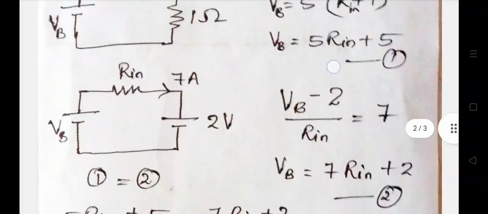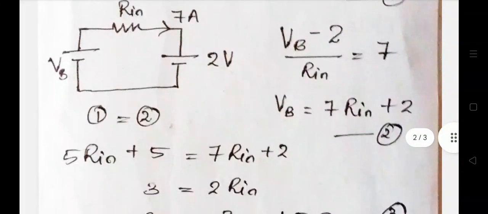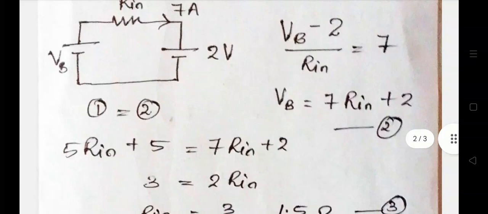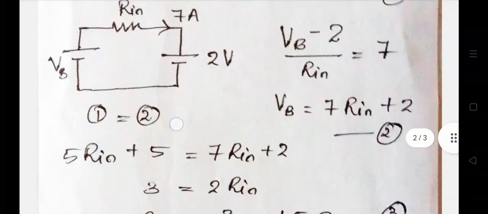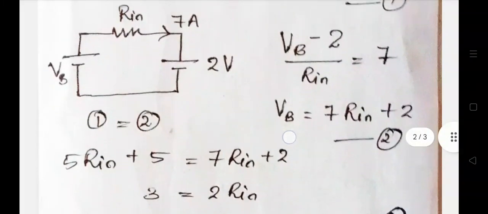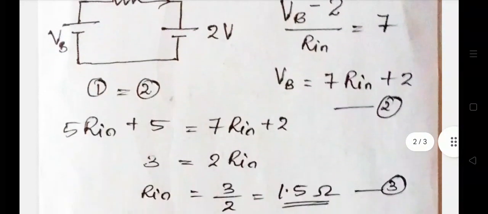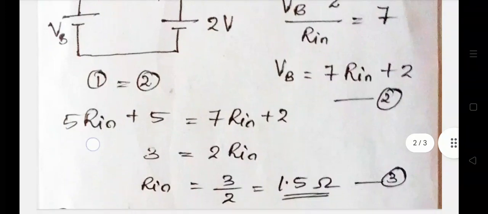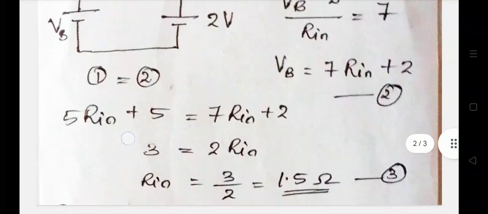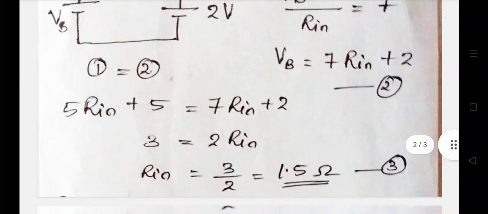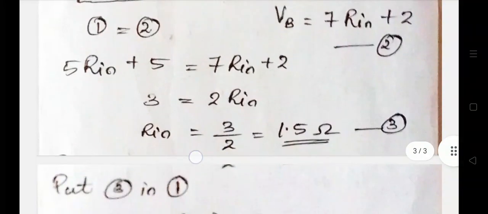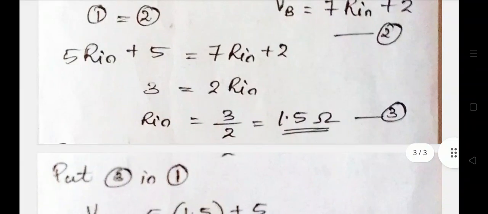From the first equation it is VB equal to, and the second equation is also VB equal to. Therefore, the first equation equals the second equation, since both are in terms of battery voltage VB. So 5 R internal plus 5 equals 7 R internal plus 2, from which we get R internal as 1.5 ohm.